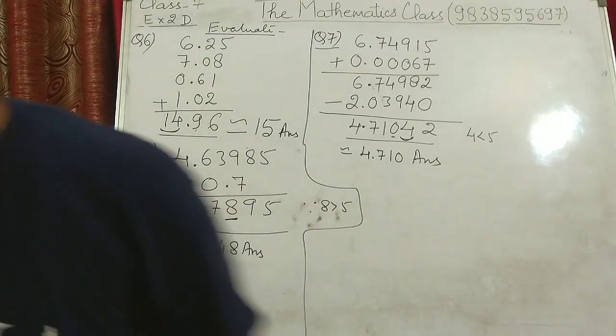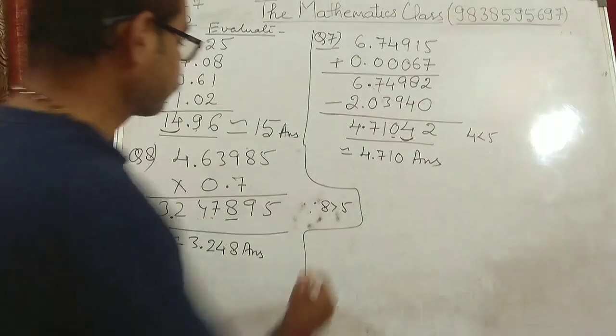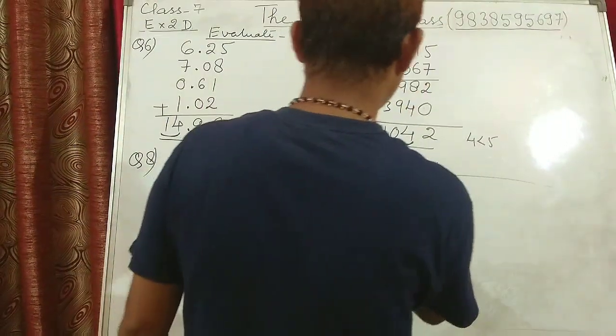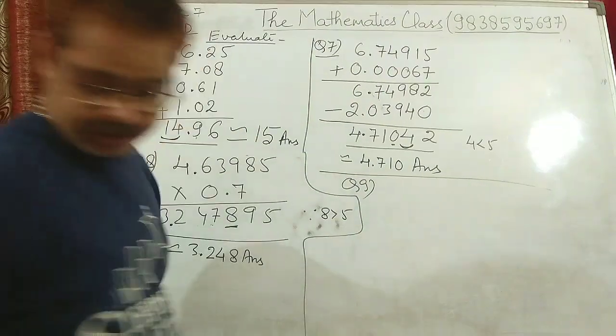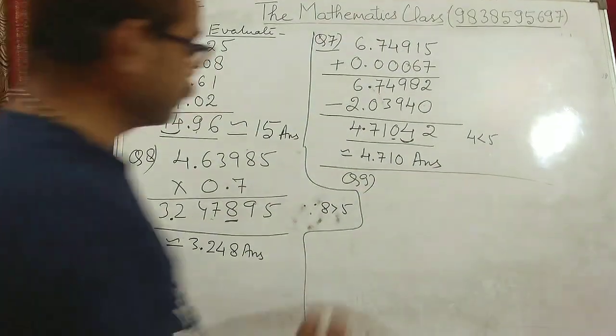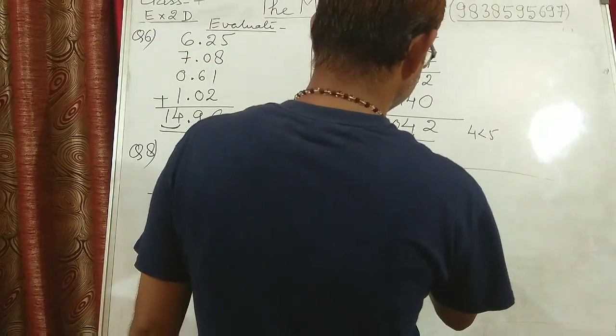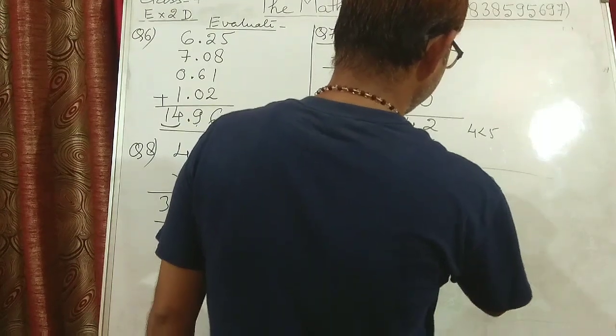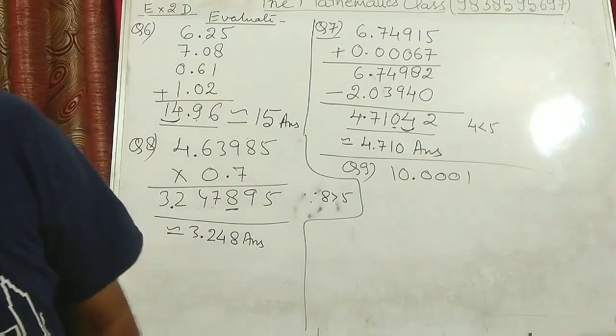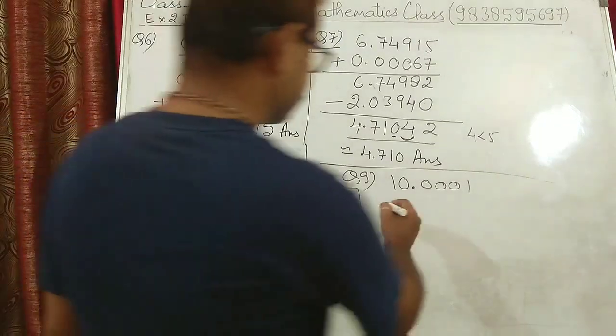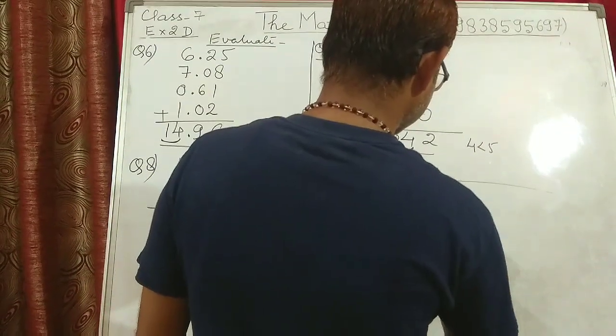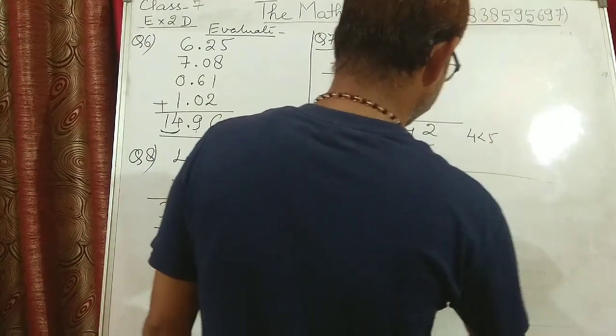Now let's see question number 9. Again multiplication: 10.0001 into 0.009.